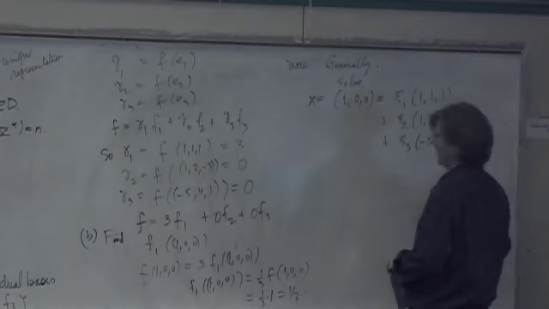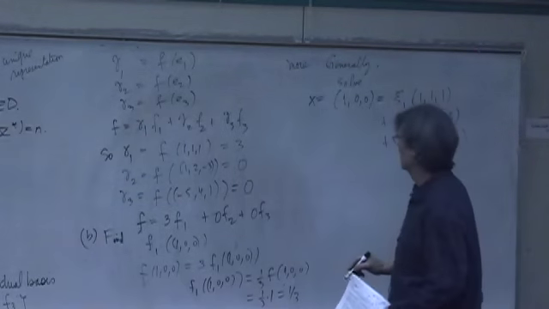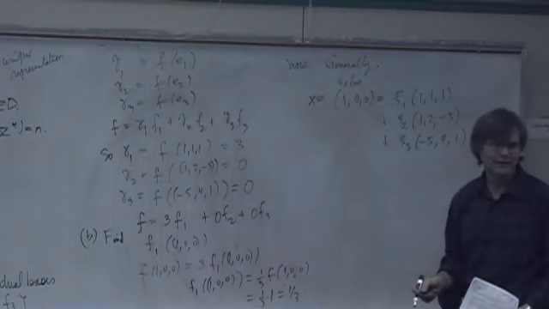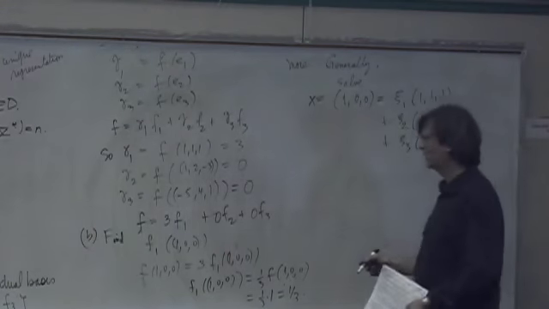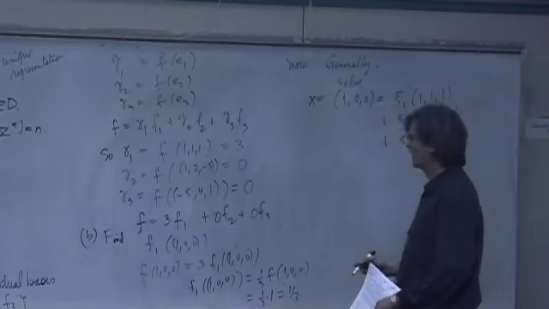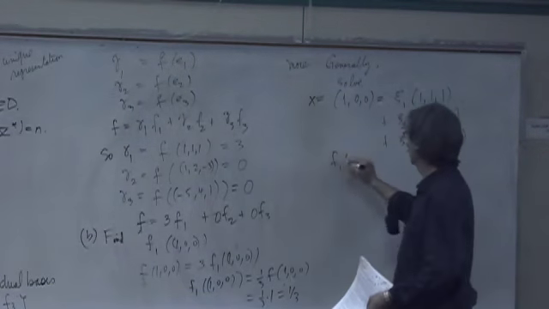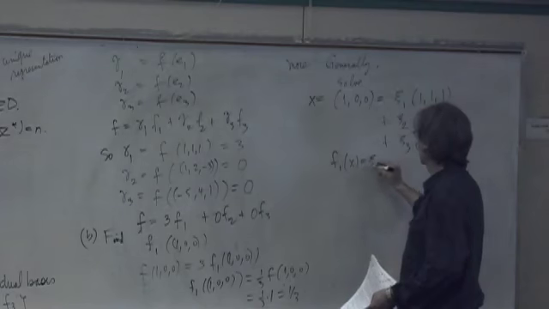I believe that's what I had there, isn't it? Yeah. So you would find the coordinates of x. You would find c1, and then you would say f1 of x is just c1.